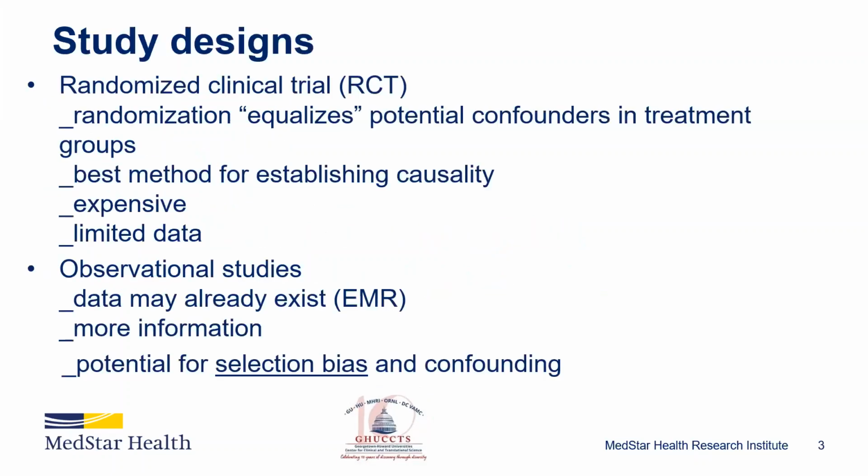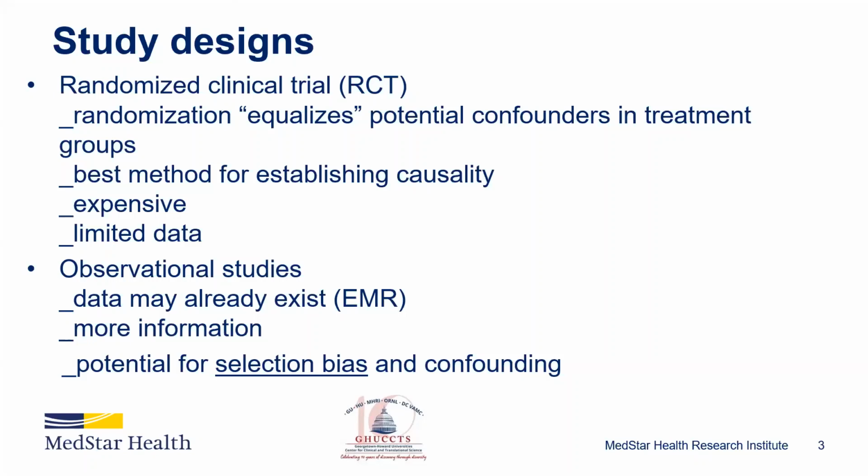A randomized clinical trial is really the gold standard of study designs, because randomization potentially or supposedly equalizes potential confounders in the treatment groups. So whatever confounder there might be, it's sort of washed out by the randomization procedure.